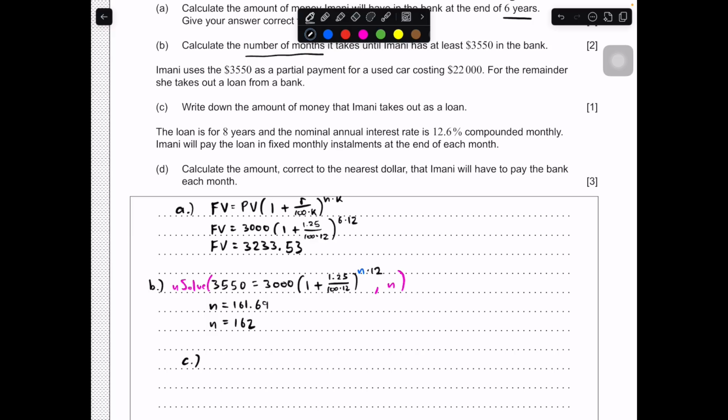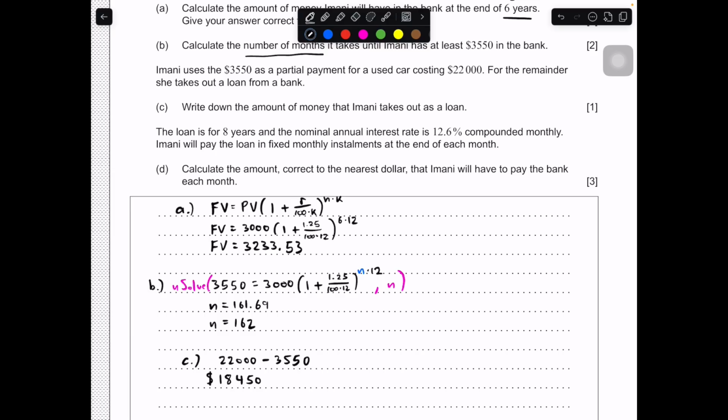She's giving the bank $3,550. So how much does she need to actually borrow from the bank? Well, $22,000 for the car, but she's already paid off $3,550. So what is the size of the loan? I'm actually going to work that out on the calculator that I have beside me here. And that would mean the size of the loan would be only $18,450. Okay.